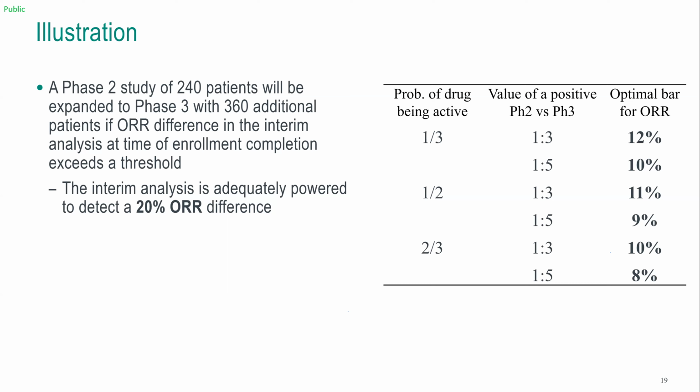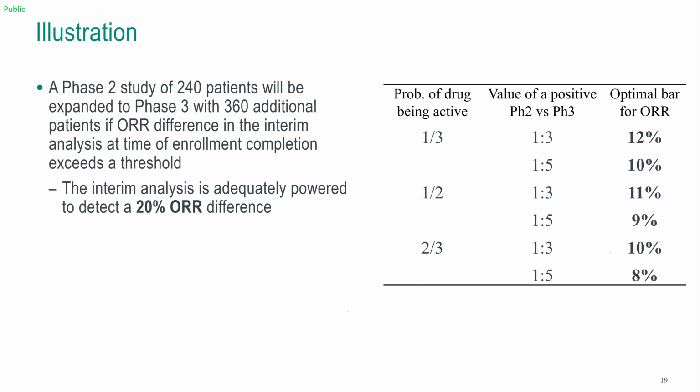Apparently, the probability of a study drug being active is unknowable in some sense. So the odds of the drug being active versus inactive could be 1/3, one half, or 2/3. Here, PROB should read odds.